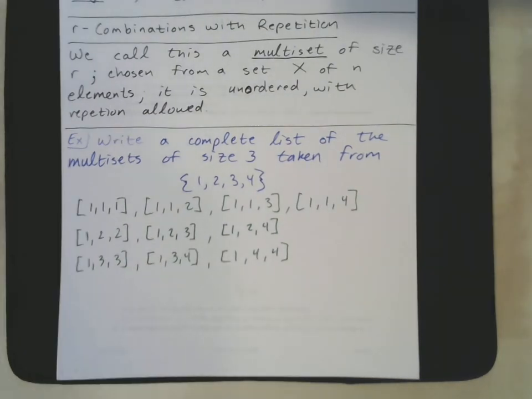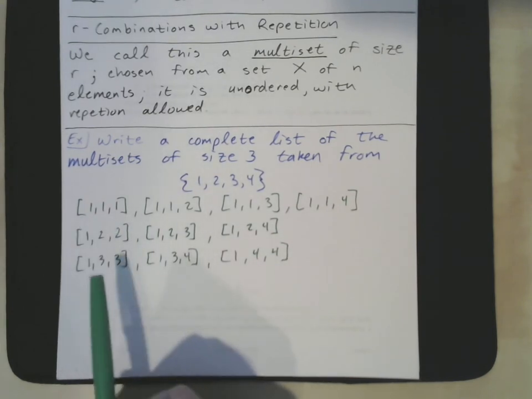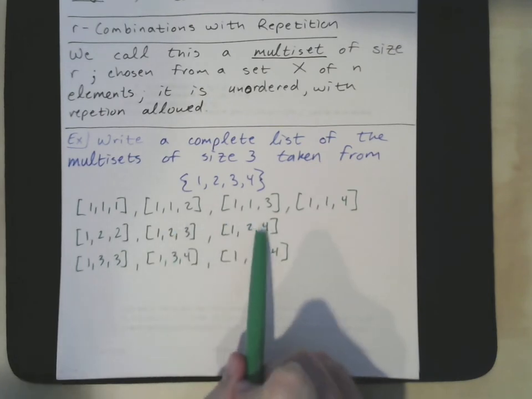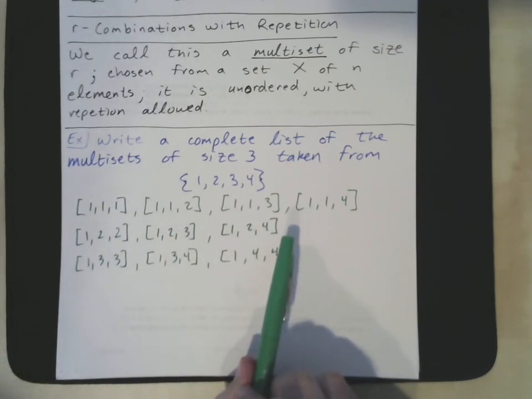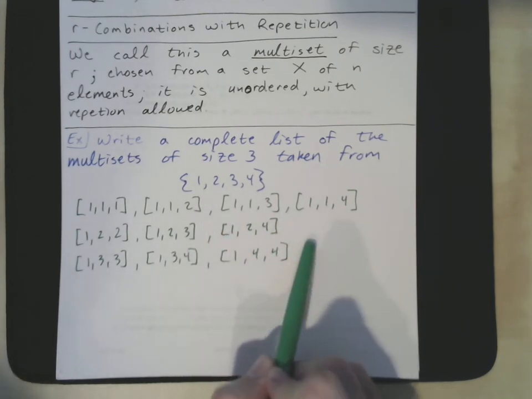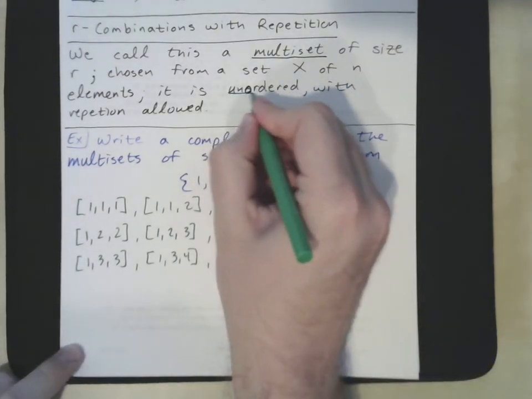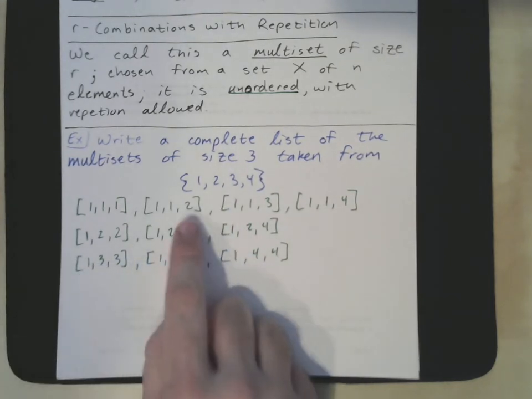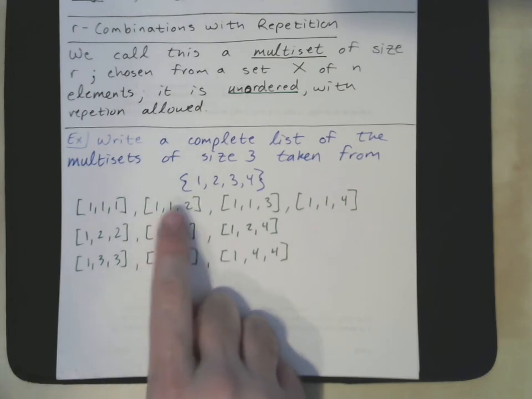So at this point, some of you might be going, well, wait a second. You have all these multisets with 1 at the start, and you have 1, 2, 2, 1, 2, 3, 1, 2, 4. What about 1, 2, 1? And the answer is 1, 2, 1 is the same set as 1, 1, 2. Remember that these are unordered sets. So when you construct a multiset 1, 1, 2, this is the same multiset as 1, 2, 1 or 2, 1, 1.